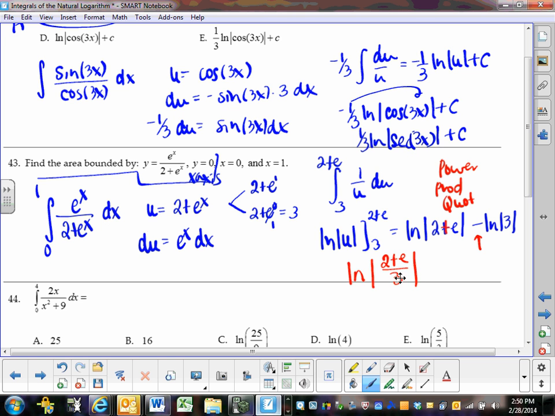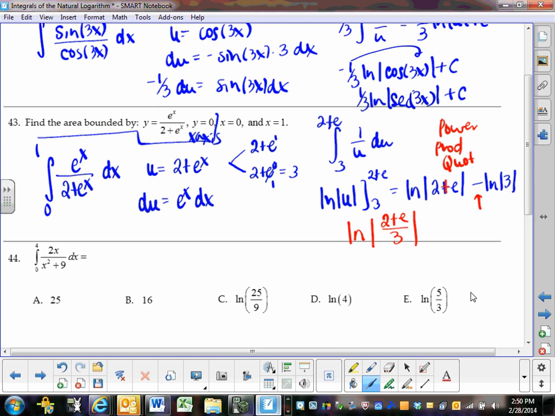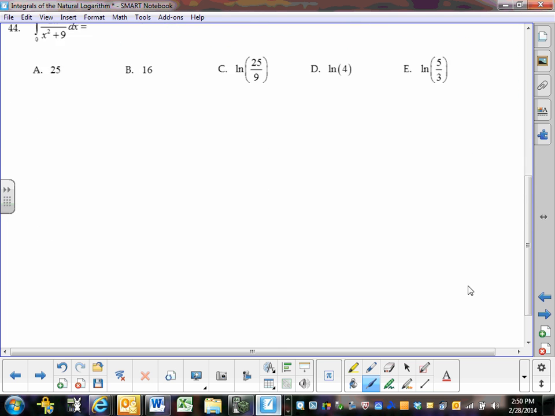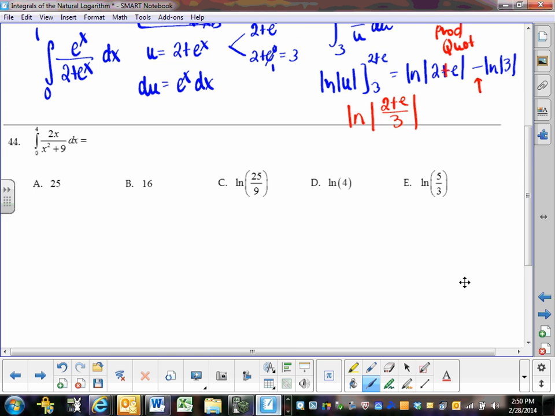So negative 1/3 du goes in for sine of 3x dx. So negative 1/3 du over u is negative 1/3 natural log absolute value of u plus c. So negative 1/3 natural log absolute value of cosine of 3x plus c.